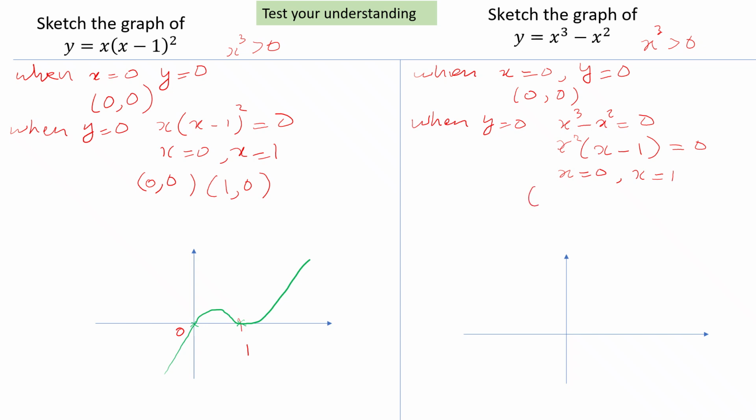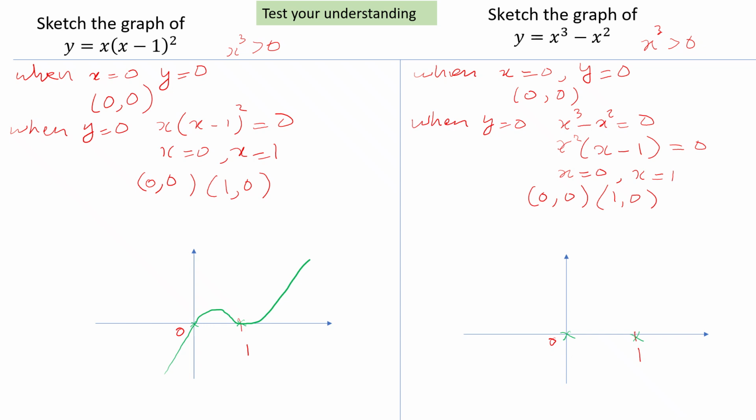So the coordinates 0, 0 and 1, 0. At x equal to 1, there's two same roots. Now mark the coordinates 1, 0, 0, 1.